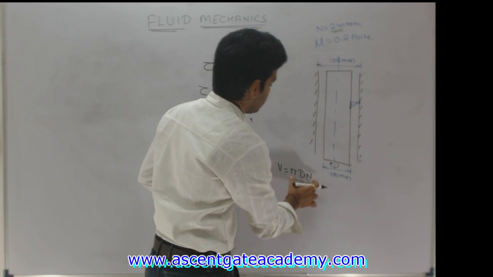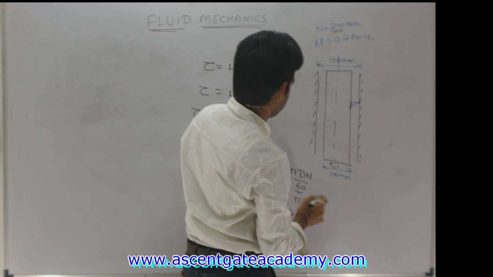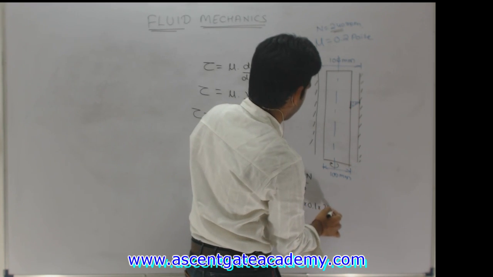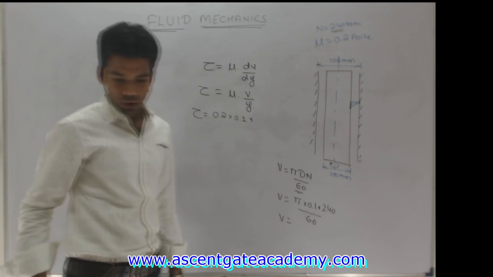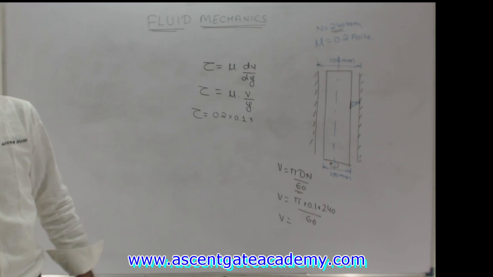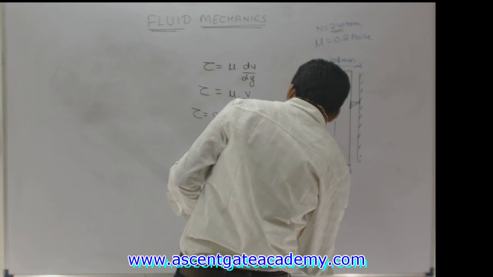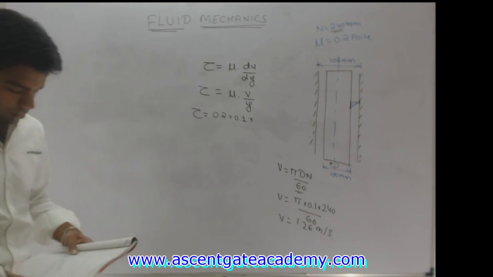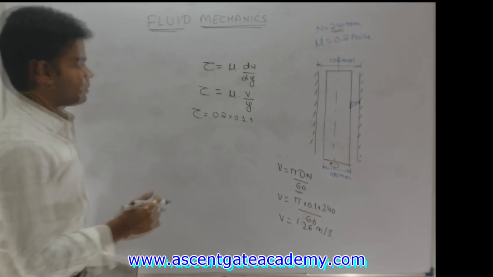Pi dn by 60 is equal to pi into d, which is 0.1, into n, which is 240 by 60. From here we get the velocity as 1.26 meter per second.